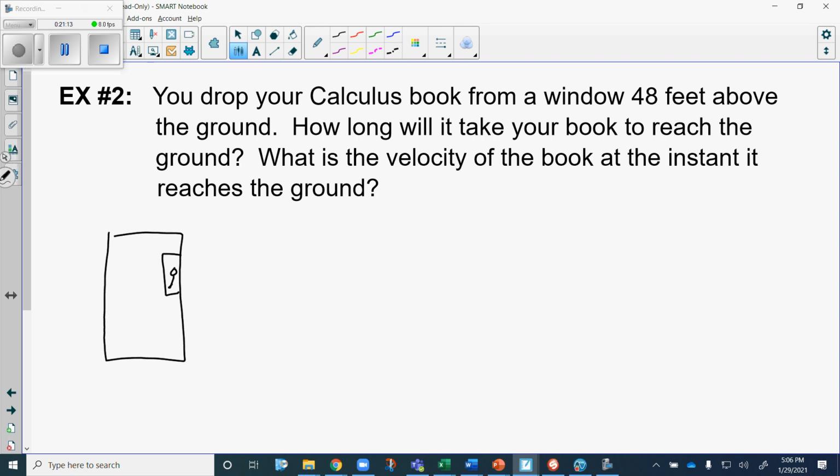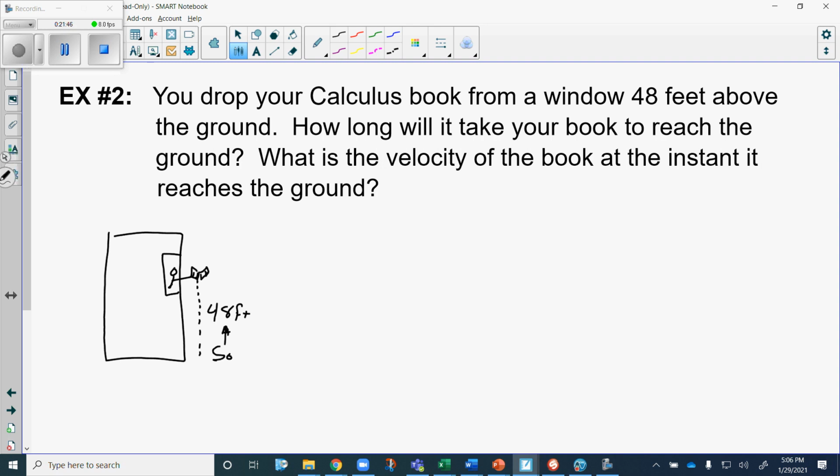I guess you're not going to be hanging out of it, but let's just say you're going to take your calculus book and drop it, and it says that you are 48 feet above the ground. So that tells you your initial position. Your initial position, s naught, is 48 feet.